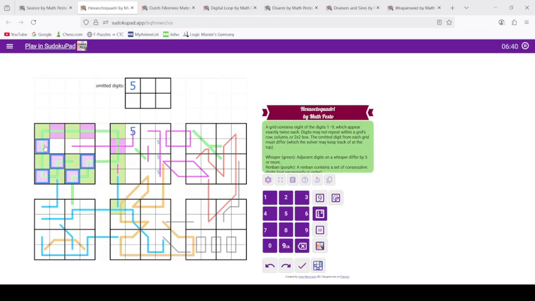One, 2, 3, 4, 5, 6, 7. There's only one more pink in this grid, as well as 2 more greens.